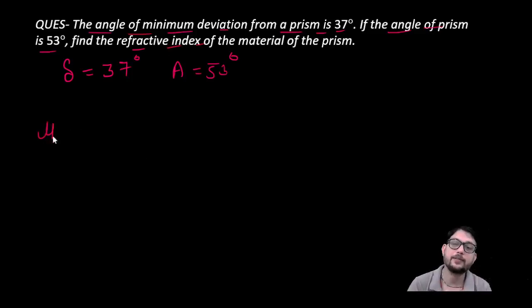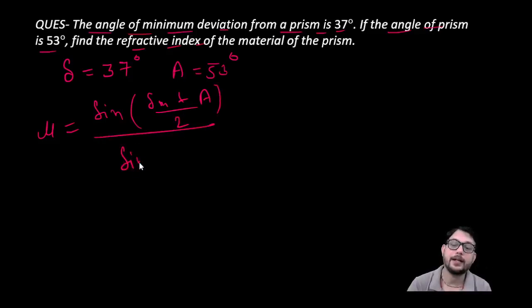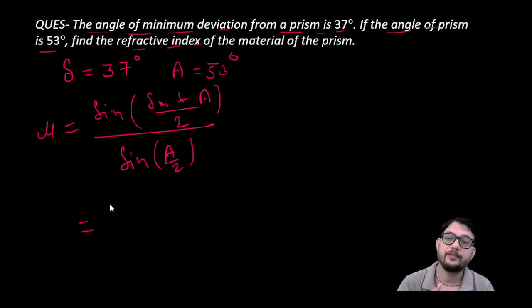So for the refractive index, basically you have the formula mu equals sine of (delta m plus A) by 2, divided by sine A by 2. This is your basic formula. Now we have to place the values here.